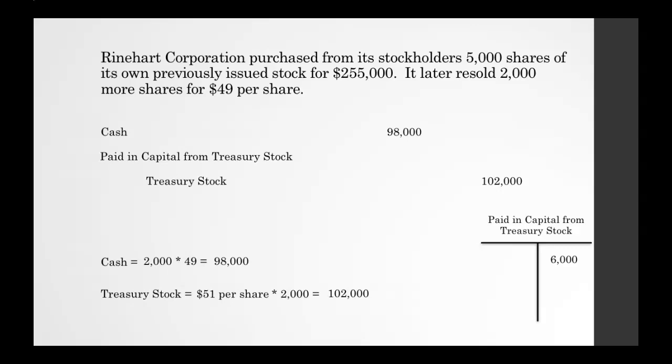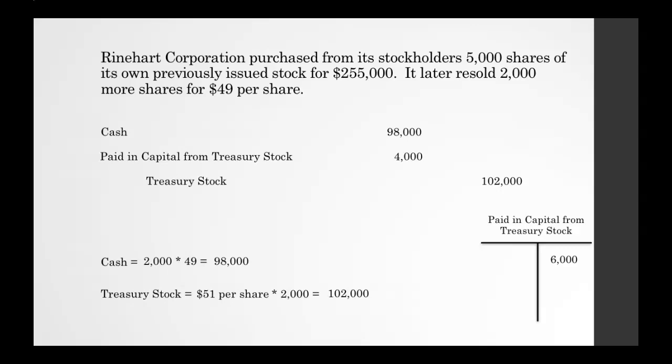In the last transaction, we sold our stock for more than what we bought them back at. And that was when we needed to credit our paid in capital from treasury stock. So here, we could make our debits and credits equal and see that 4,000.